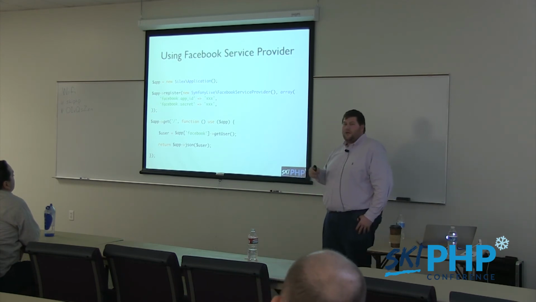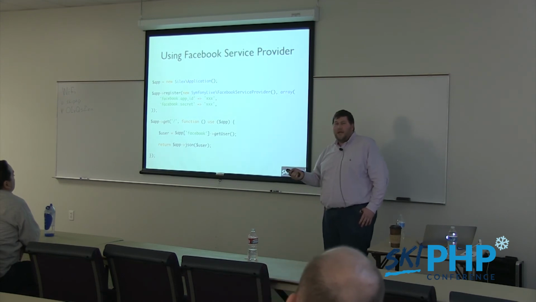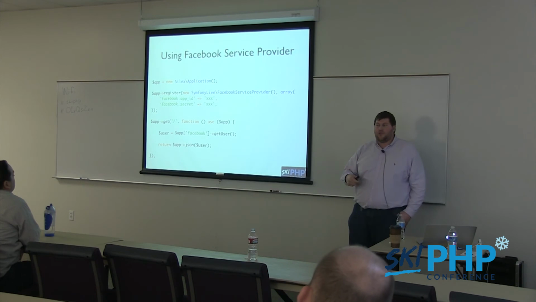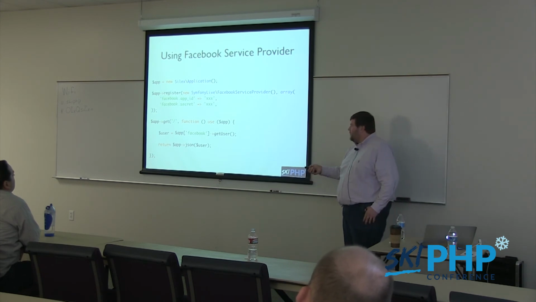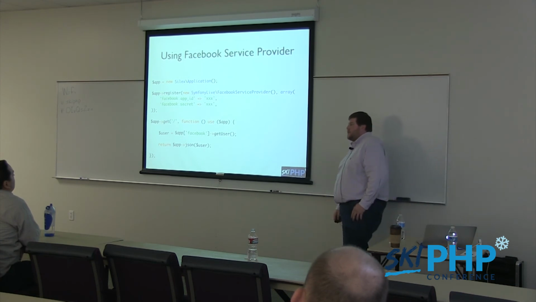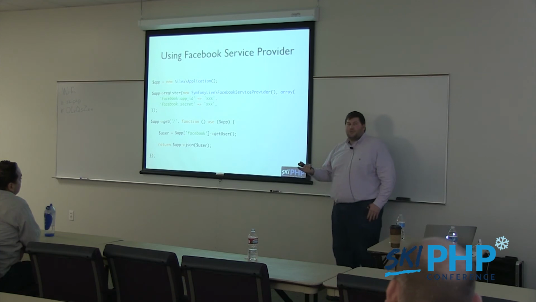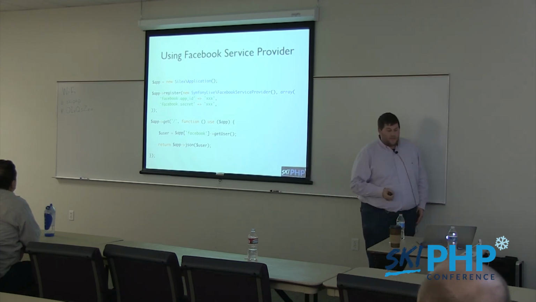If not, it will return an HTTP redirect to the Facebook API, ask you to log in, and then send you back to the application, at which point a Facebook session will exist. And then I can return the JSON data for your Facebook user. So if you've ever used the Facebook SDK, it's pretty straightforward. Call app facebook getUser, and that returns your user profile from the Facebook API.